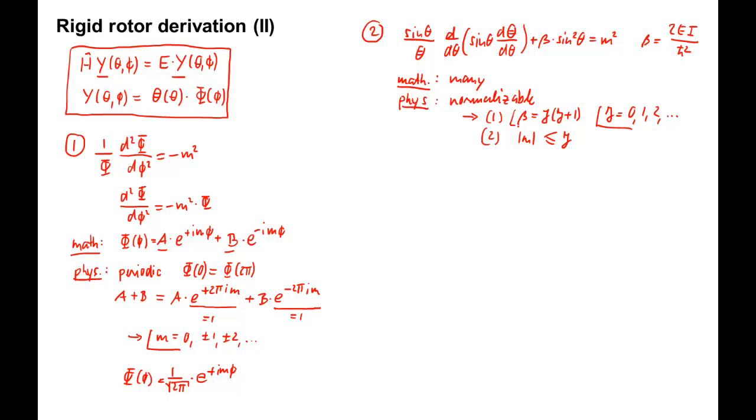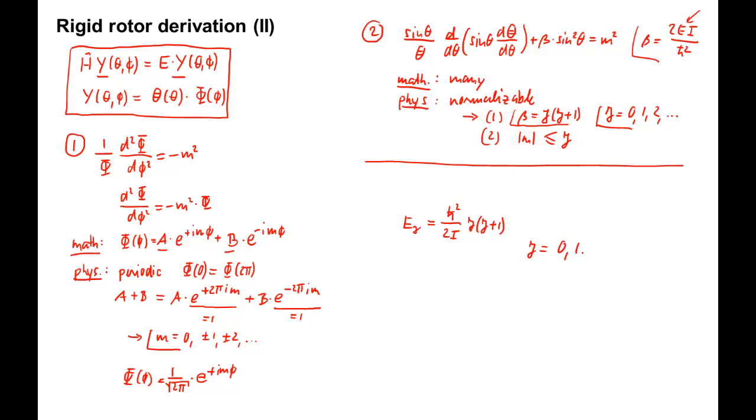Now we can combine this equation with the definition of β from up here to get the expressions for the energies. We get E_j, with a subscript j to indicate that it depends on j, equals ħ² over 2I times j(j + 1), with the quantum numbers j equals 0, 1, 2, and so on, and m equals 0, ±1, and so on, all the way up to ±j.